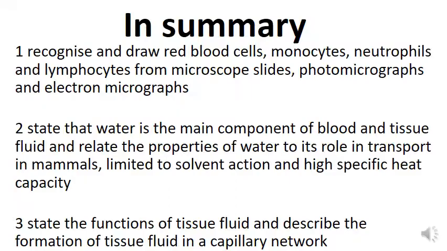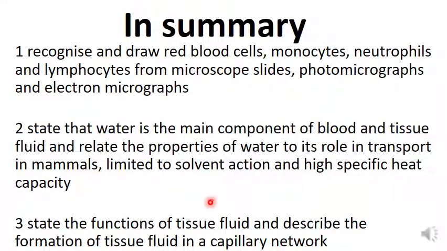So in summary, we were able to look at red blood cells and white blood cells from photomicrographs and diagrams, and you were able to at least label them. And we also saw that water is the main component of blood, especially blood plasma, and its properties enable it to be used as a solvent and as a mediator to facilitate homeostasis.